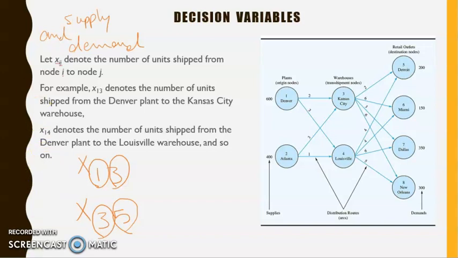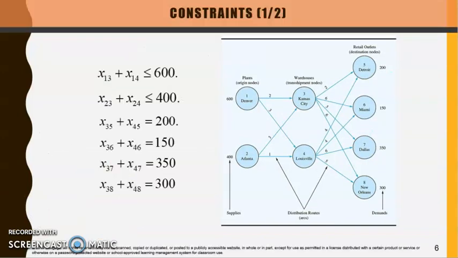Okay, let's check the answer for the supply and demand constraints. As you can see, we have here 6 constraints. 2 of them are related to the supply and 4 of them related to demand. And as I mentioned, they are exactly the same as we discussed before.